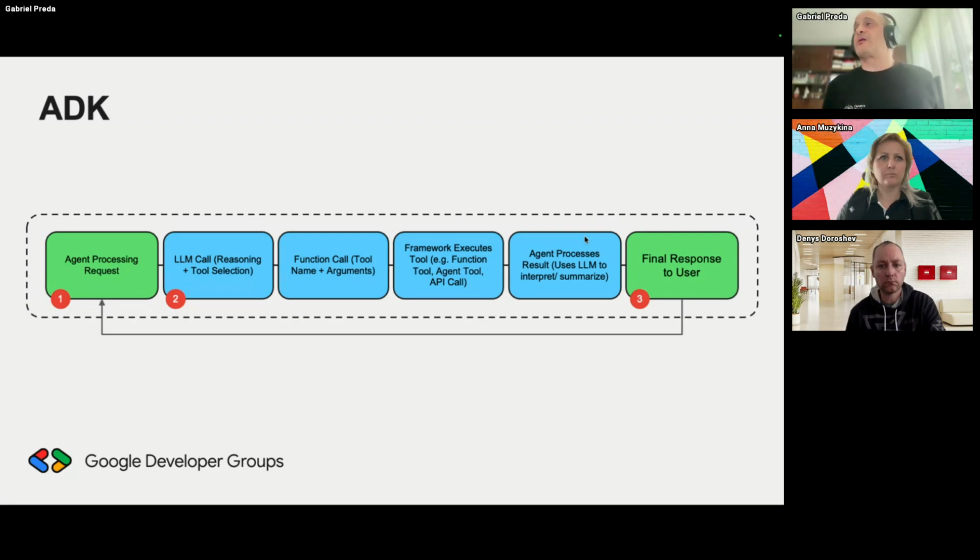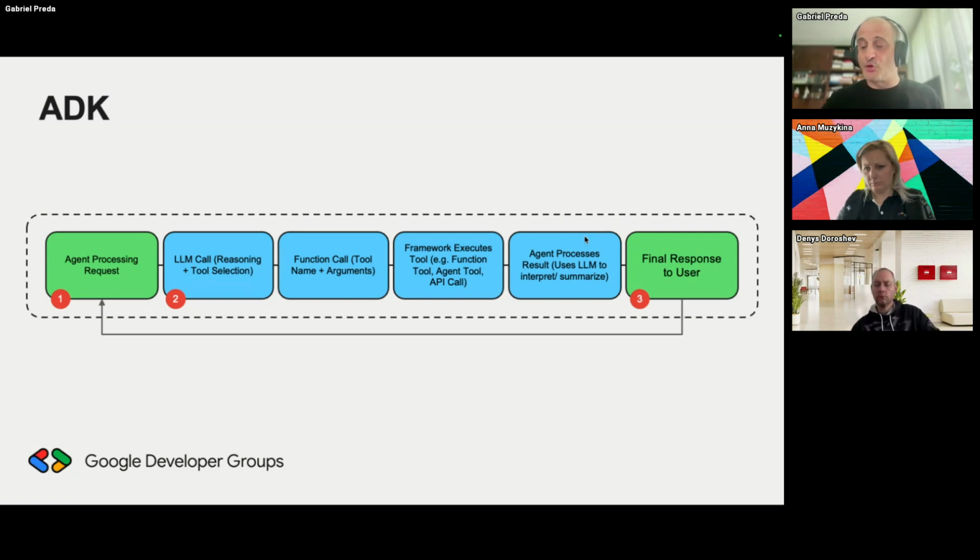And then you have the framework executing the tool, and ADK is really abstracting the notion of a tool. So a tool could be an agent tool, an action Python function, or an API call.